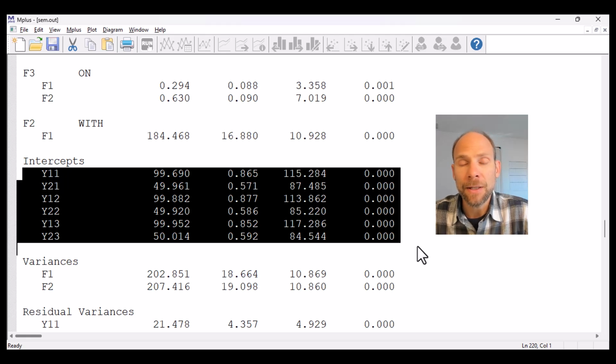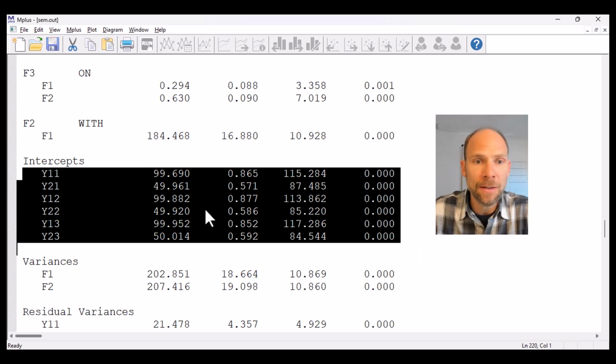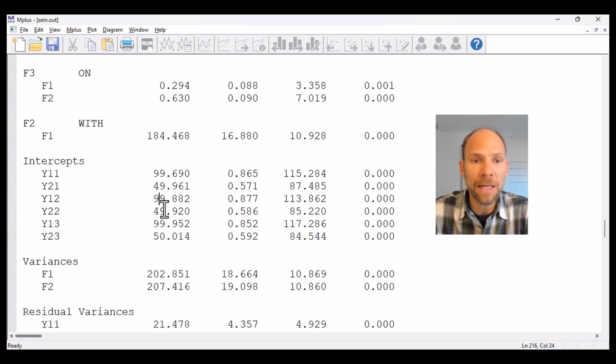And here in this particular case, in this specification, they are simply equal to the observed variable means, because the latent factors by default in Mplus have a mean of 0. And then the intercepts become equal to the means, because when the factor has a mean of 0 and the error term by definition has a mean of 0, then the intercept is the only source of a mean structure in this model.